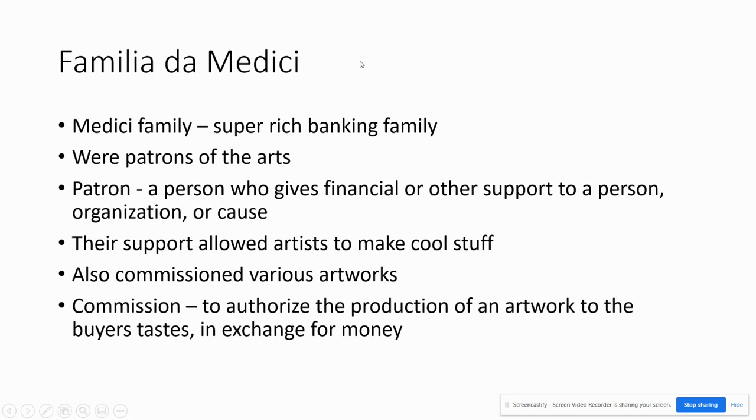Okay, Famiglia de' Medici. The Medici family in Italy were a super rich banking family, and they were part of the people who formed this change in Italian society that led to the creation of art. They were patrons of the arts, and a patron is a person who gives financial or any other kind of support to an organization, cause, or human being.